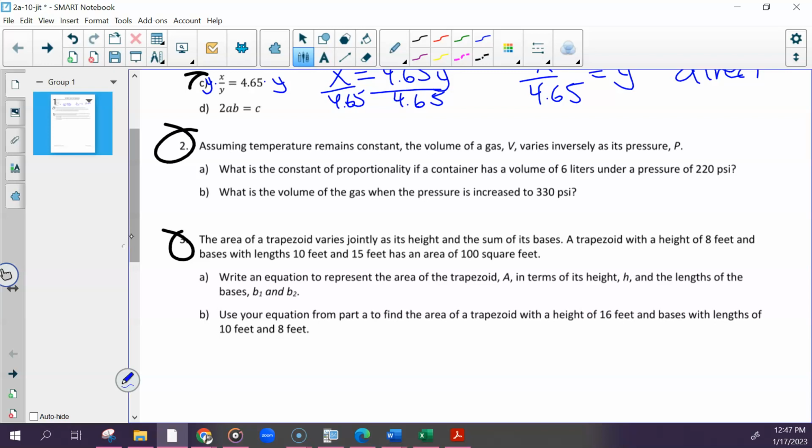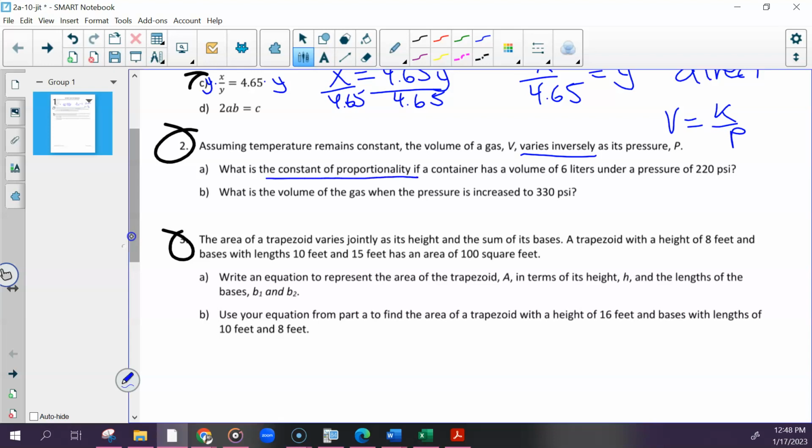Alright, for number 2, because it says the temperature remains constant and varies inversely, set up your equation using V and P. Varies inversely would be V equals K over P. So part A is asking to find the constant of proportionality, your K value.